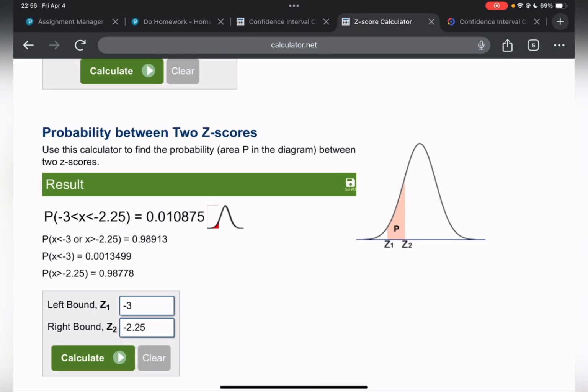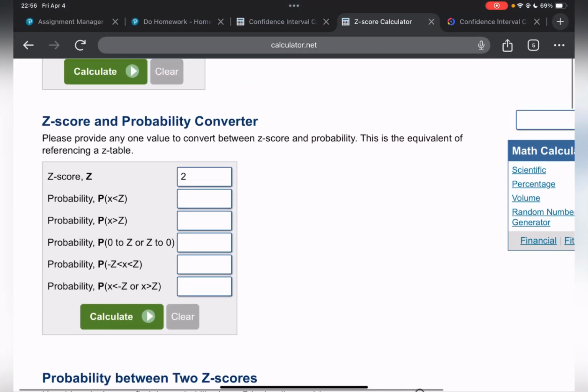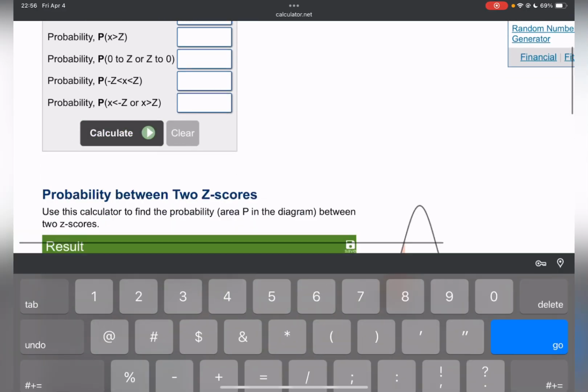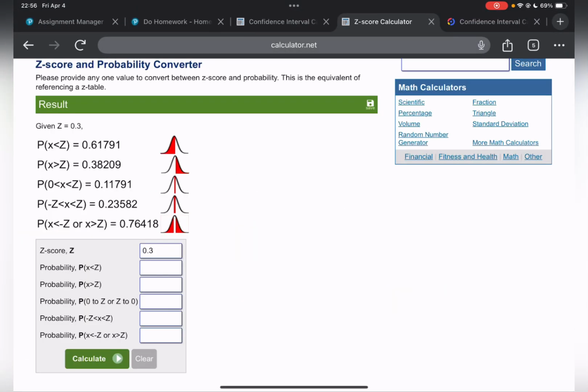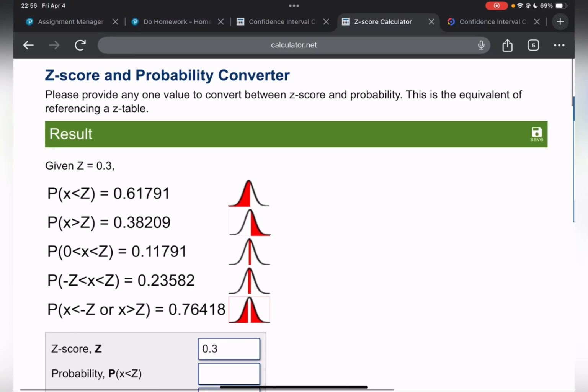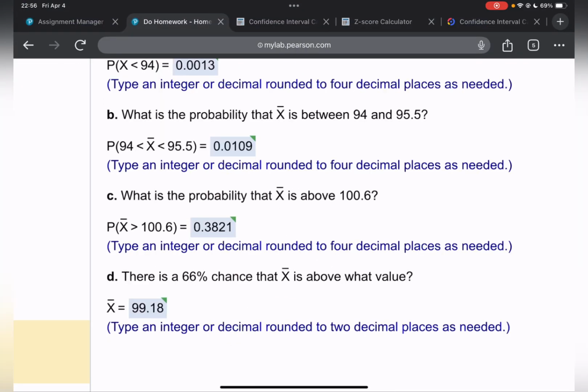This is where we are going, 0.3. Okay, and click calculate. And we are choosing the one it says greater here. Z-score 0.3, x is greater than 0.3, 0.3821. Let's see, 0.3821. Okay. All right.